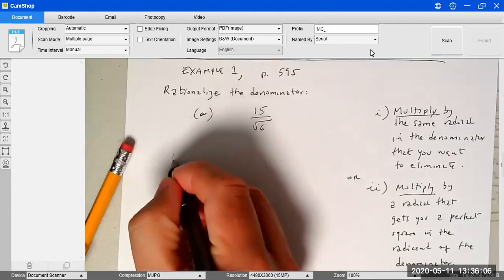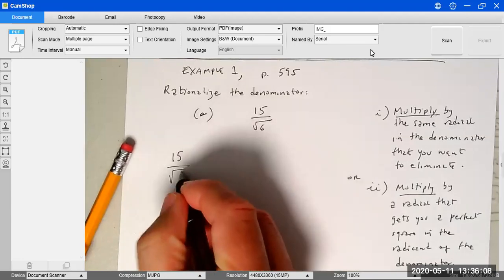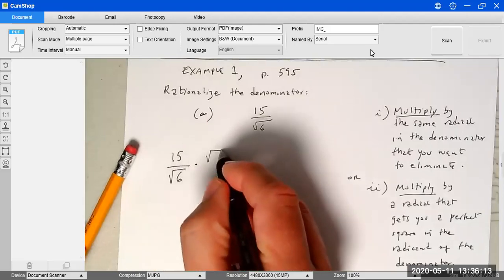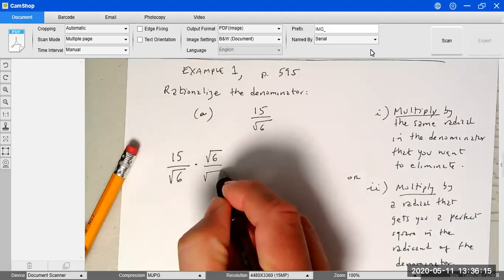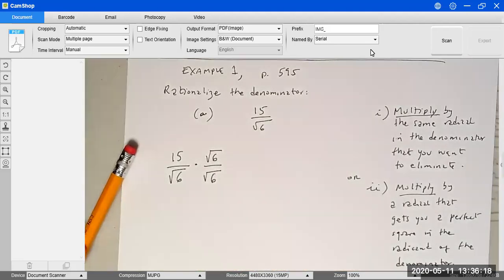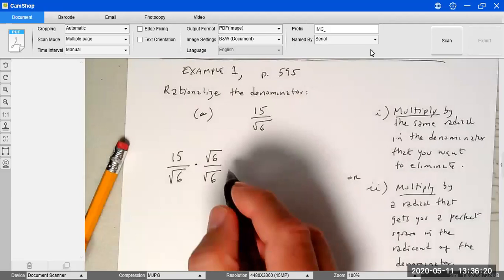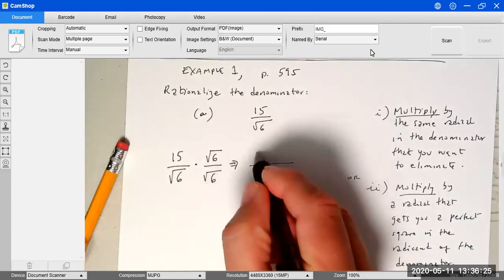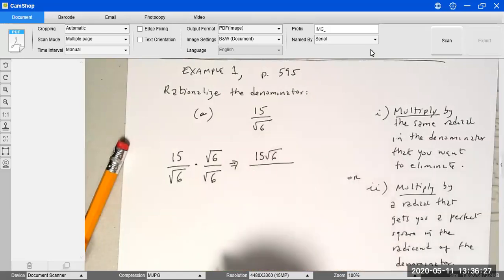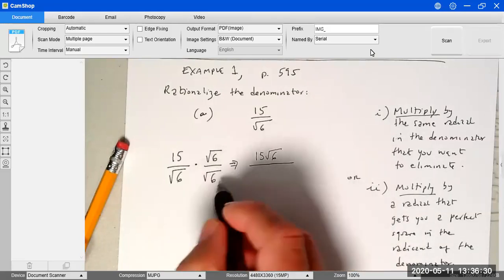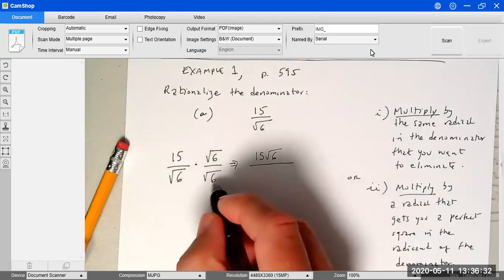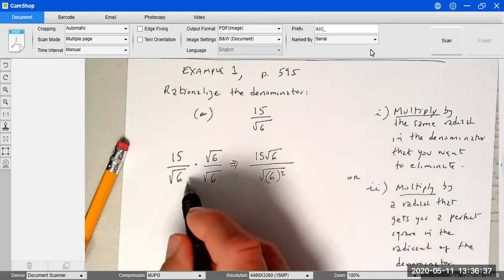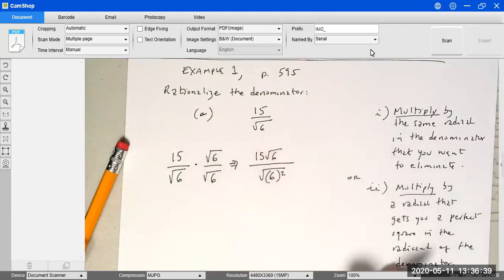So in this case, we have 15 over square root of 6. I want to eliminate this radical, so I'm going to multiply the numerator and the denominator by that radical, the one I want to eliminate. So I get 15 times the square root of 6 in the numerator, and square root of 6 times square root of 6 is the square root of 6 squared, because you are multiplying 6 times 6 under the same radical.